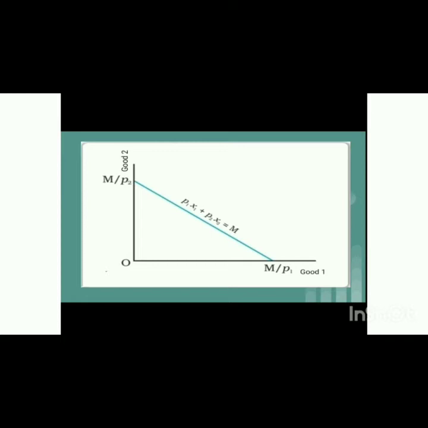When the consumer spends his entire income on good 2, the consumption of good 1 is 0. And when the consumer spends his entire income on good 1, the consumer cannot consume good 2. That is, good 2 is 0 consumption.